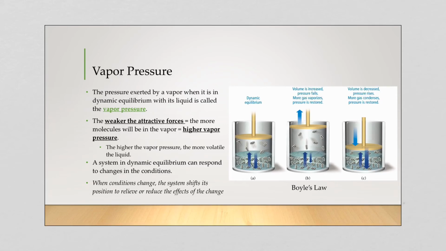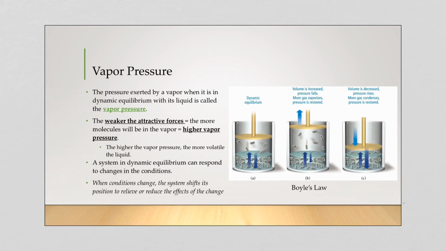Weaker attractive forces means more molecules in the vapor, means higher vapor pressure, more volatile liquid. Now, of course, if you have a system in equilibrium, that equilibrium can change, can respond if you disrupt the system. So when conditions change, the system will try to counteract the change, if you will.